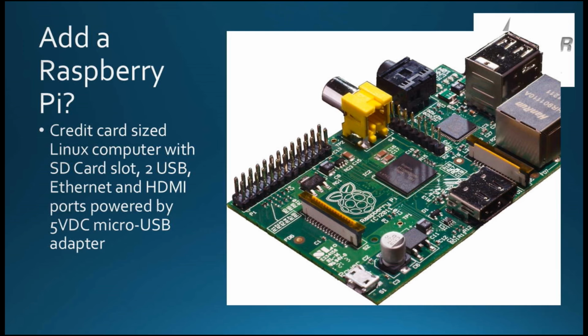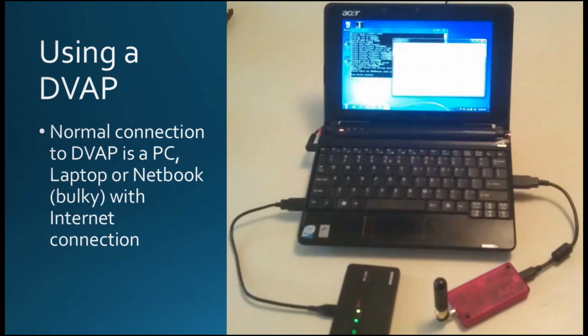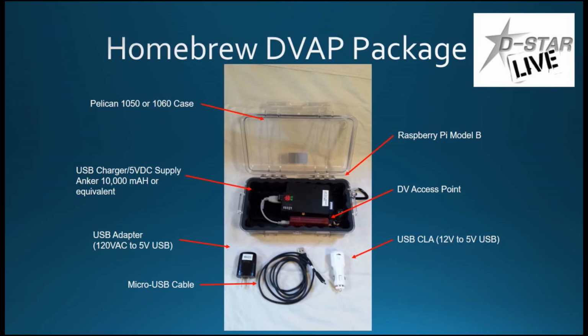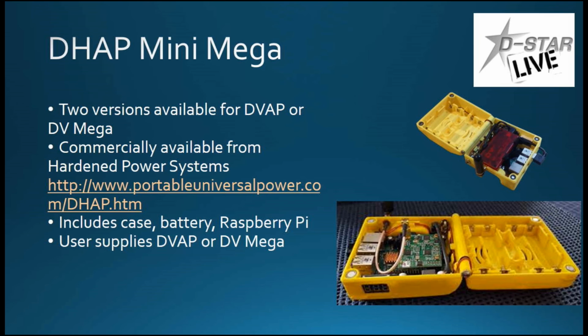We've come a long way, because once we started using things like the $35 Raspberry Pi, a simple little Linux credit card size computer, we could connect the DVAP to that, and I started coming up with a different configuration. Here's the DHAP.